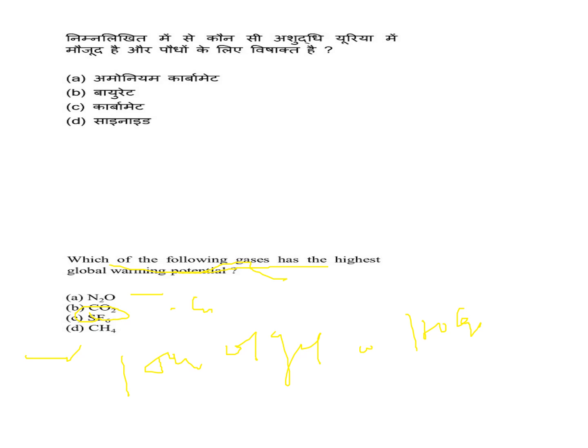For carbon dioxide, the baseline is 1. For N2O, nitrous oxide, it is around 268 to 298. For SF6 it is about 23,000. So among these, which is highest? That is SF6. For CH4, it is 28 to 36.